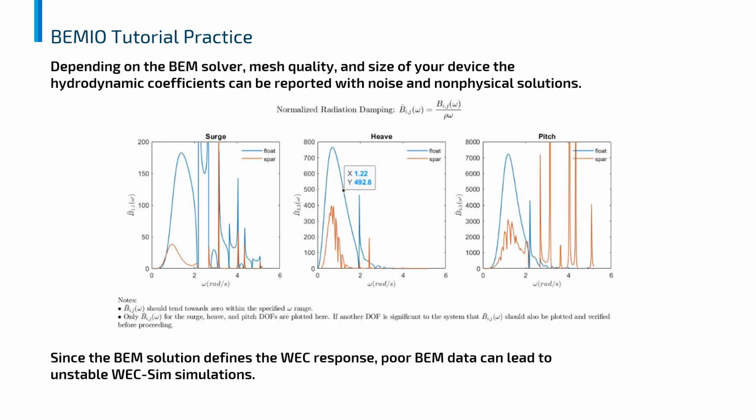Depending on the VM solver, mesh quality, and size of your device, the hydrodynamic coefficients can be reported with noise and non-physical solutions. So you need to be careful, because if you use this kind of poor VM results, this can lead to unstable WEC Sim simulations.